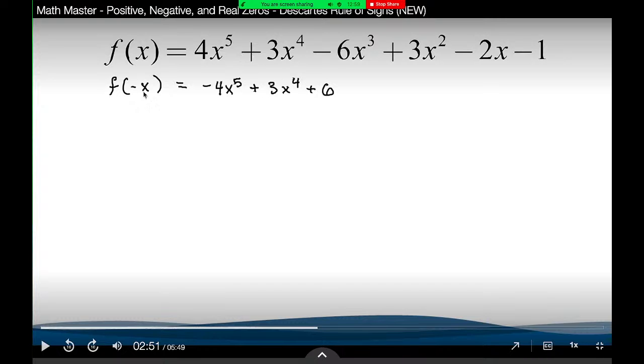So no. The reason why that didn't change is because for every x you see in this equation, you're going to substitute that with a negative x. So over here it says x to the power of 5, and negative x to the power of 5 is negative x.